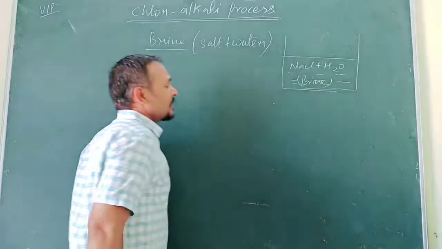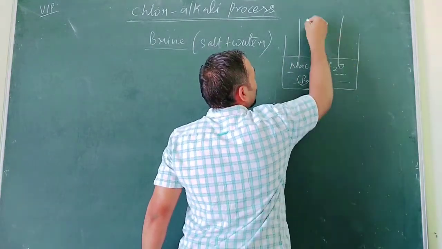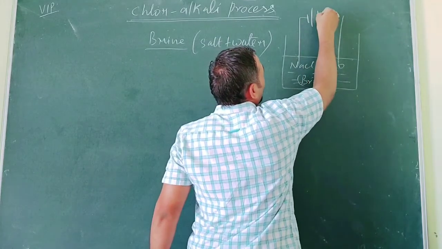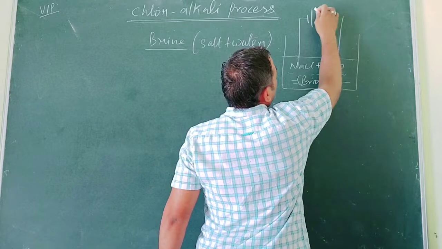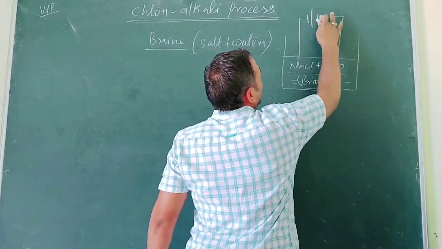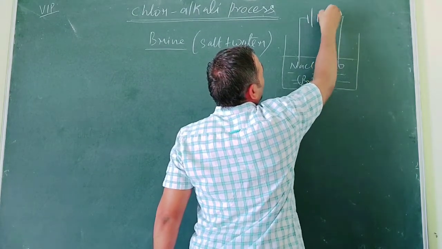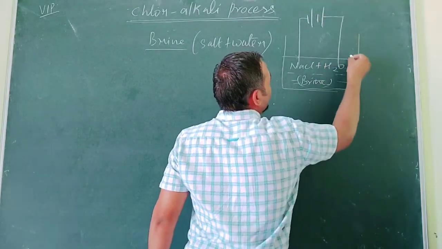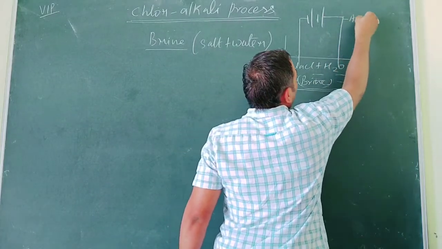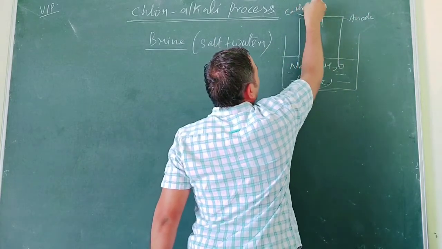Is it clear? Now, when you pass electricity through this solution, here you can see this is the anode, this is the cathode.